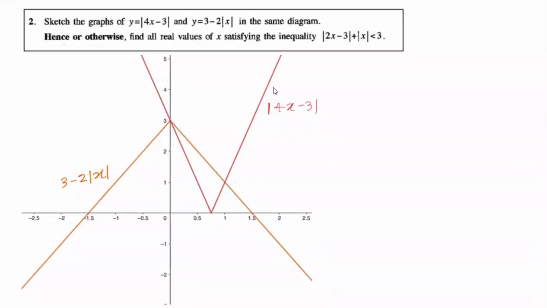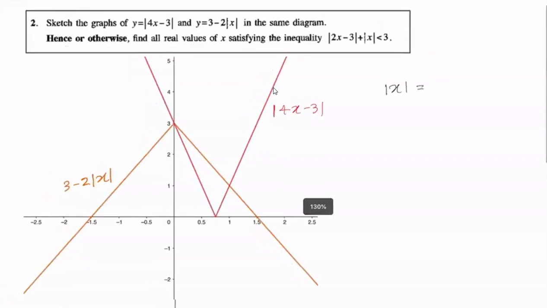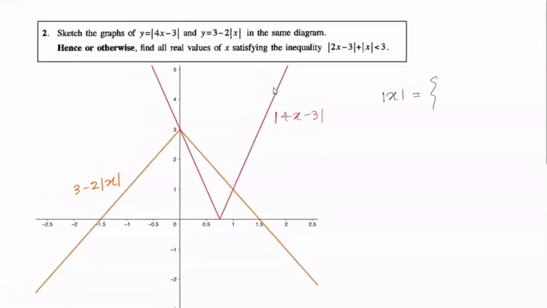For example, if I have absolute x, then we define this as x when x is greater than or equal to 0, or negative x if x is less than 0. That's how we look at the absolute.